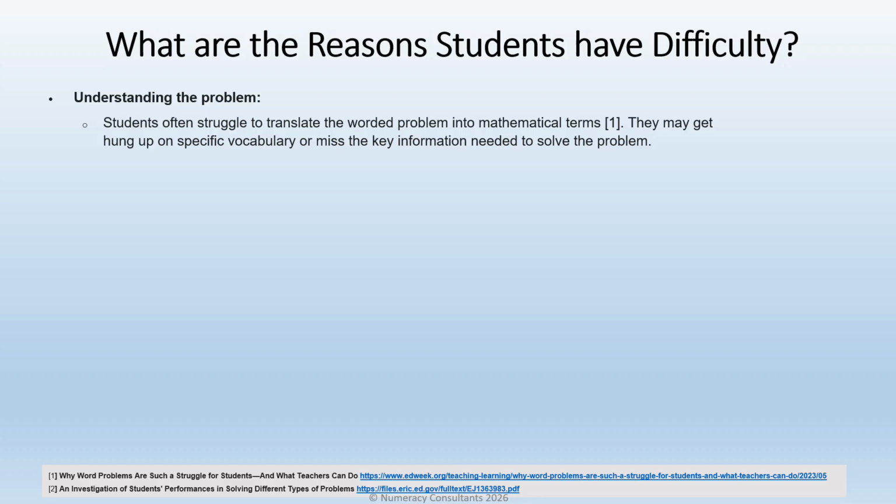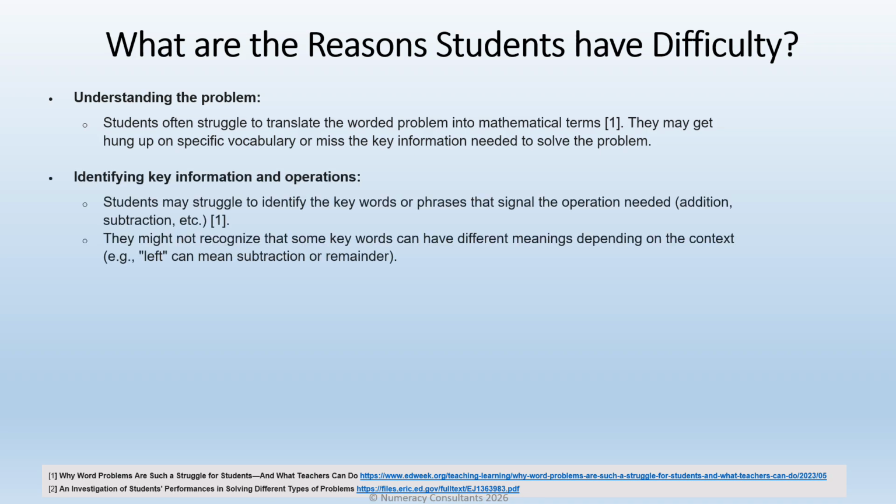But it says understanding the problem. Students often struggle to translate a word problem to mathematical terms. They may get hung up on specific vocabulary or miss key information needed to solve the problem. So the first part is they just don't understand the problem. This next part goes into, well, why aren't they really understanding the problem? And specifically, they're unable to identify key information and operations.